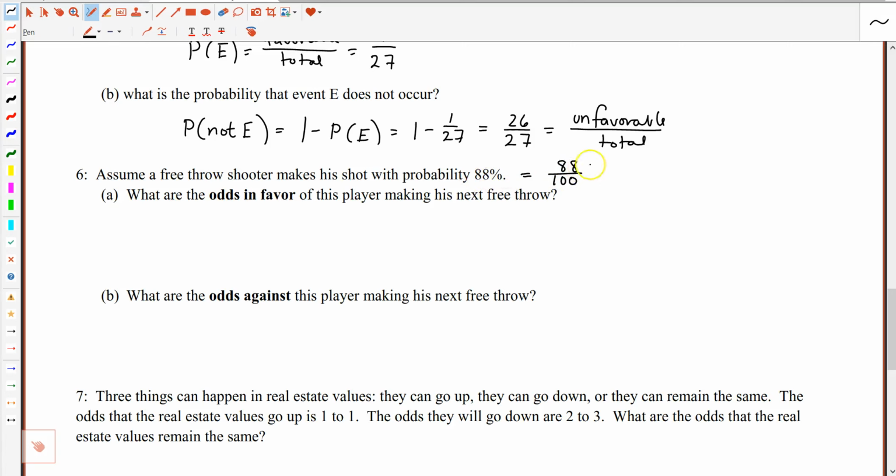So 88%, this is the number of ways that the event happens to the total. Okay. So there's another way that we can compute odds in favor.